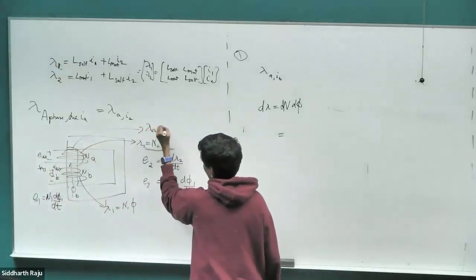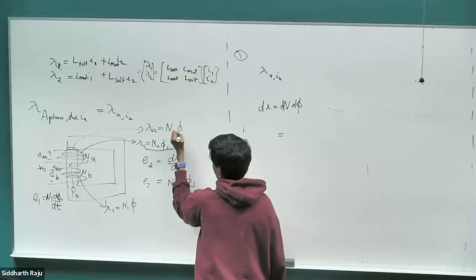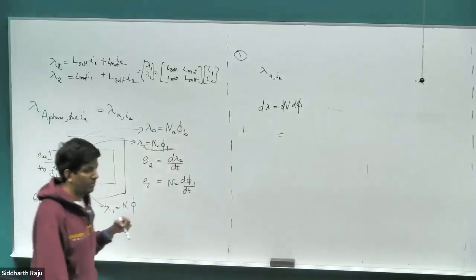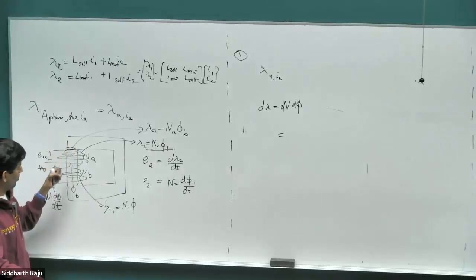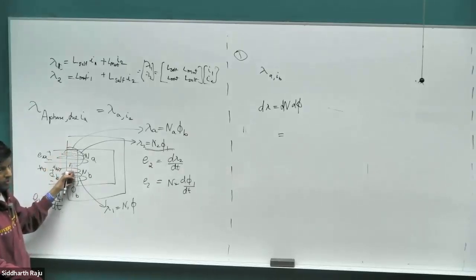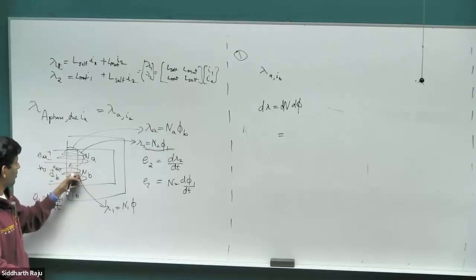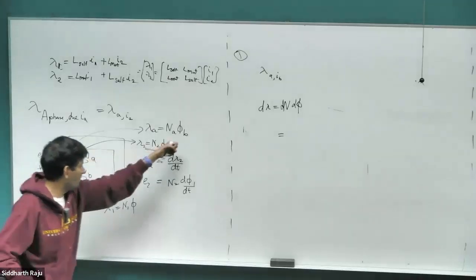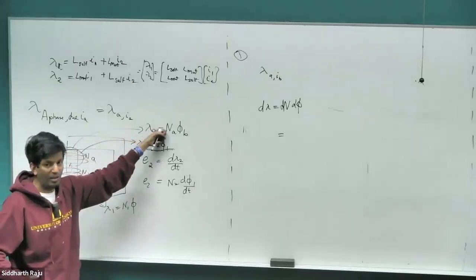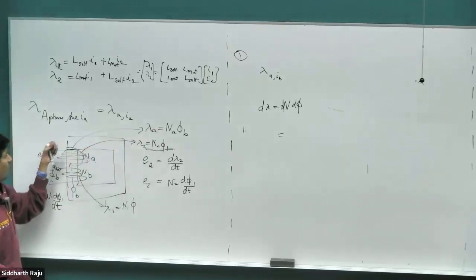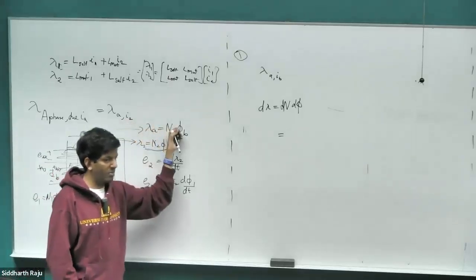So lambda A was Na times phi B. We are interested in the flux linking the A phase coil due to currents in the B phase coil. So I have currents going in the B phase coil setting up its own flux phi B, and that is then linking into the A phase coil with the number of turns being Na, creating the flux linkage lambda A, which is equal to Na times phi B.